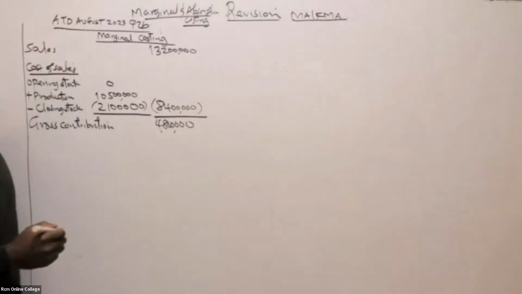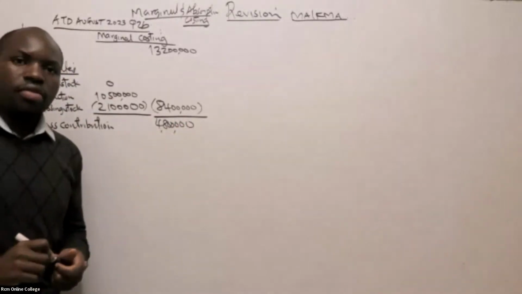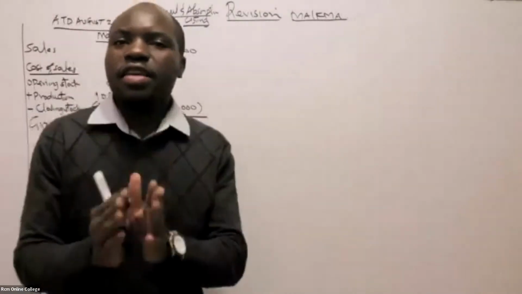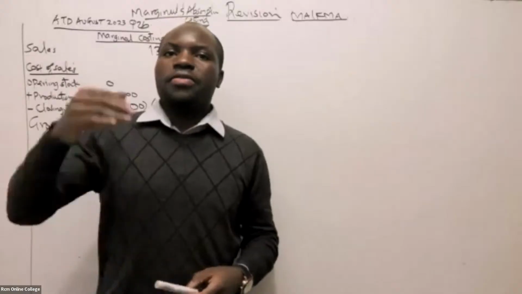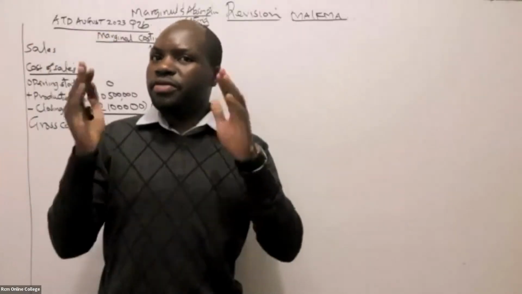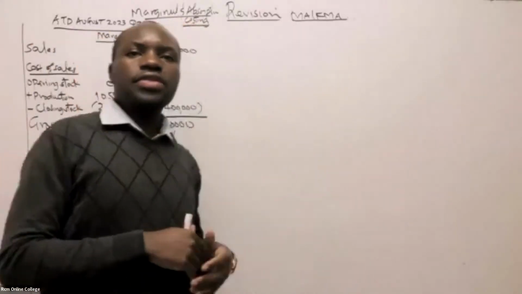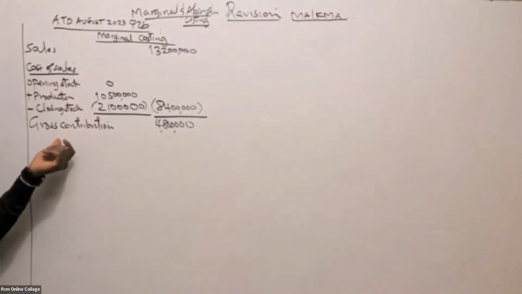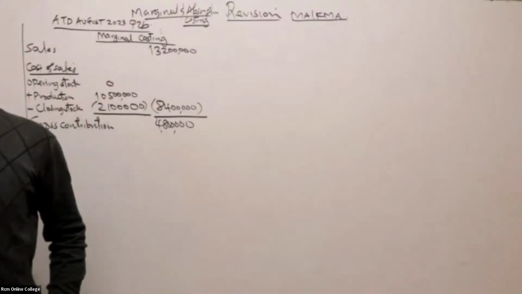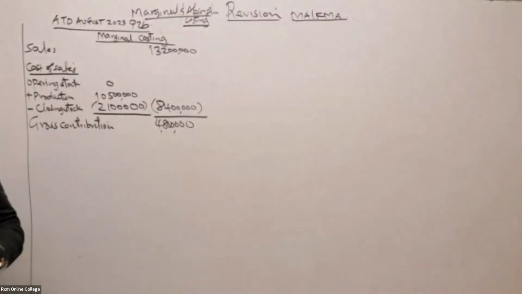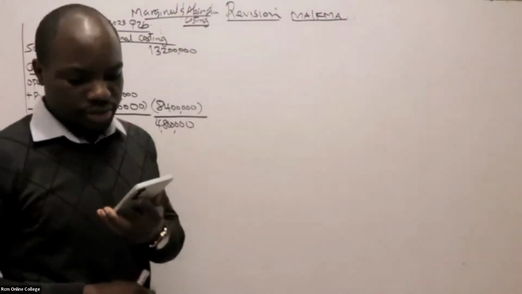4,800,000. We are calling it gross because in our question, we'll be having something called variable non-production expenses: variable sales and distribution, variable admin expenses. So those variable non-production costs have to be deducted from the gross contribution to give us what we call net contribution. So do we have anything in the name of variable non-production expenses?